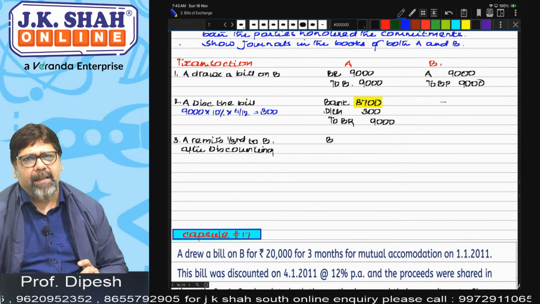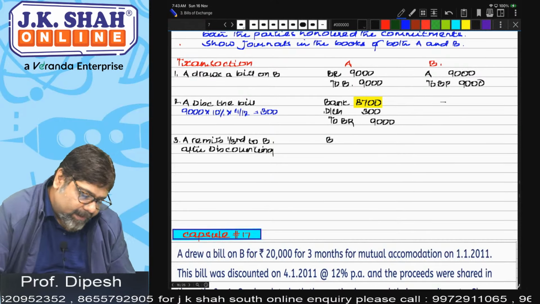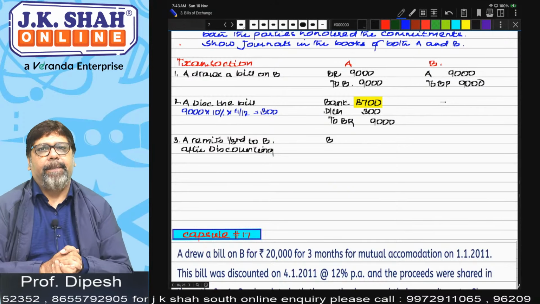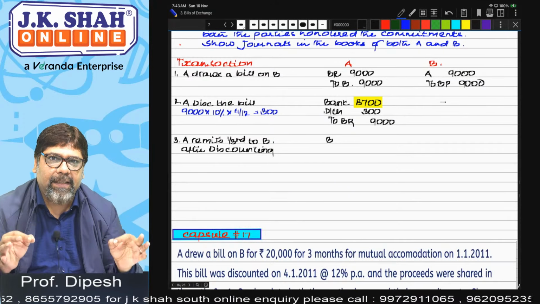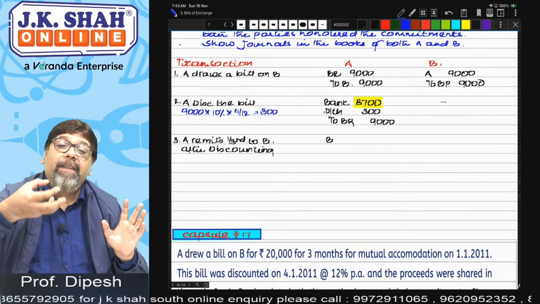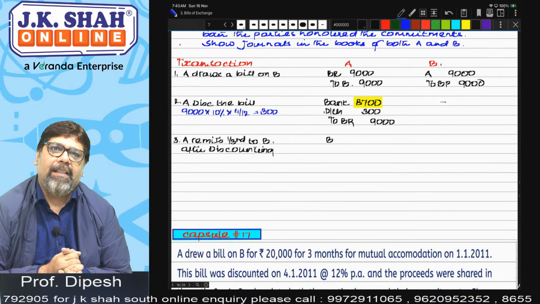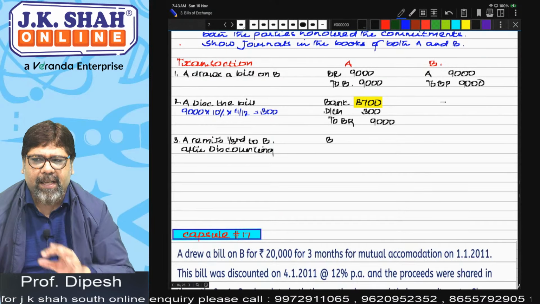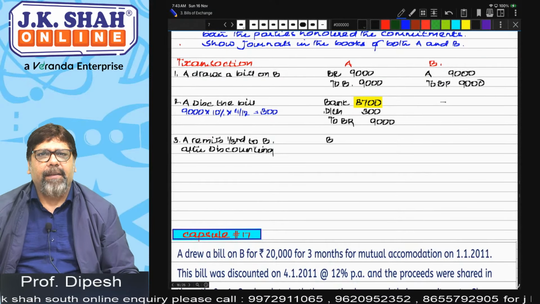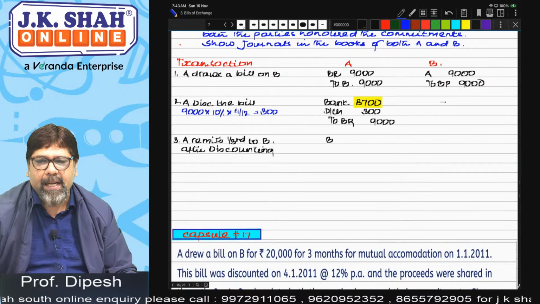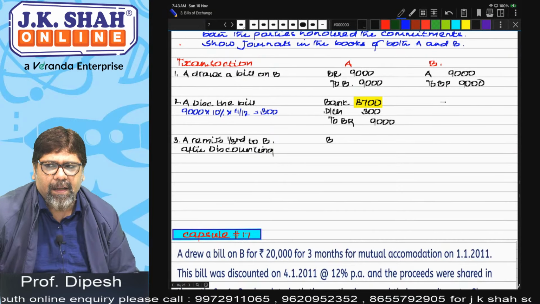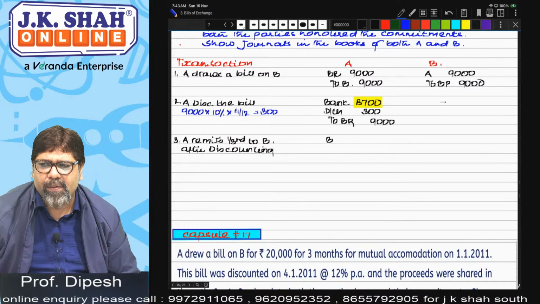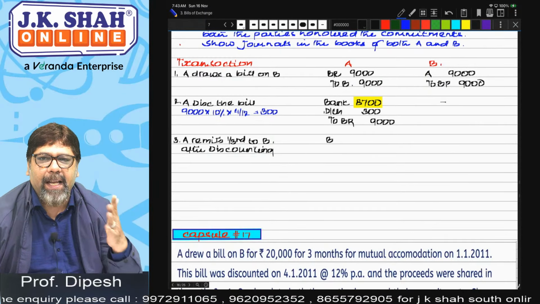Tell me, chartered, this discounting charges is 300. Will the entire discounting charges be borne by A? Fatafat tell me. No. It will be borne by A and B both.